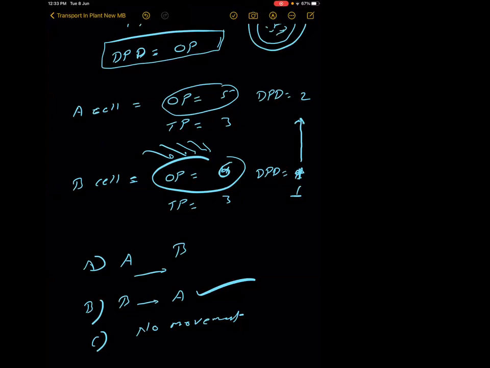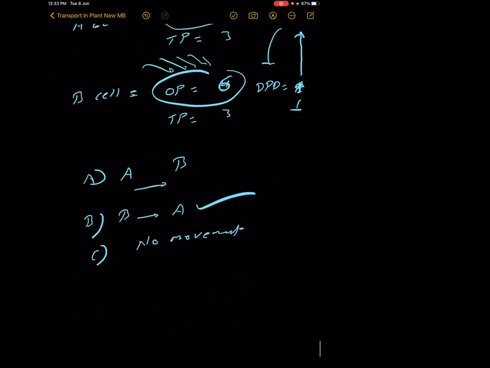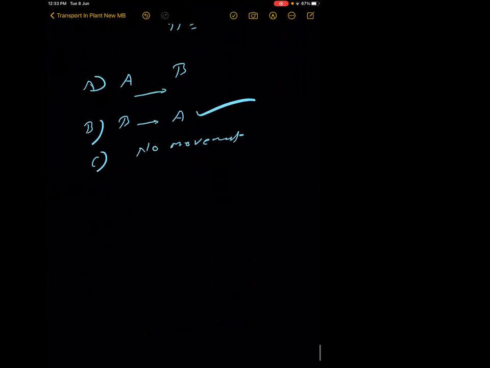So water moves from A to B. If you are adding some solid, it means you are increasing concentration of the solution. Concentration of solution, it means osmotic pressure increases. Osmotic pressure increases, it means the cell becomes flaccid. So DPD increases, it becomes more thirsty. This is DPD. It is not given in NCERT, but in NEET generally we teach this part.